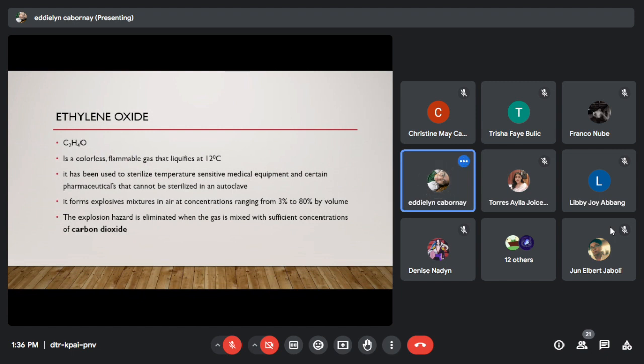So ethylene oxide sterilizer is better for sterilizing things that are used in the hospitals. It forms explosive mixtures in air at concentrations ranging from 3% to 80% by volume. The explosion hazard is eliminated when the gas is mixed with a sufficient concentration of carbon dioxide.